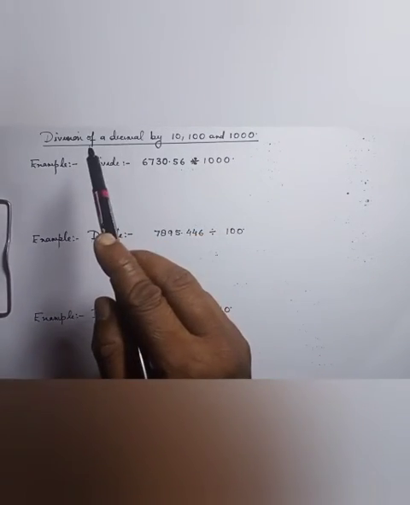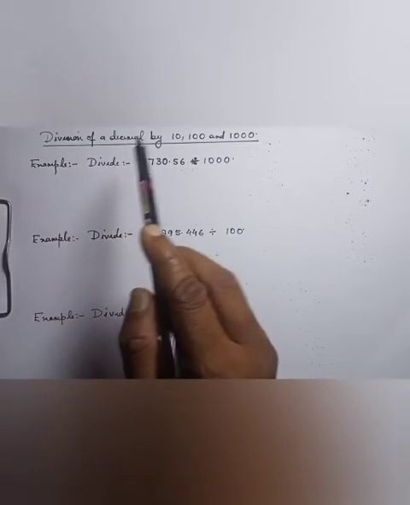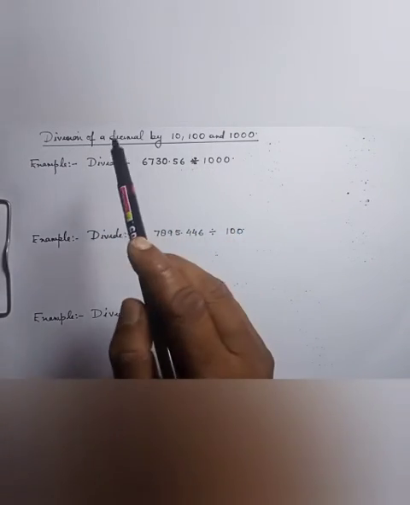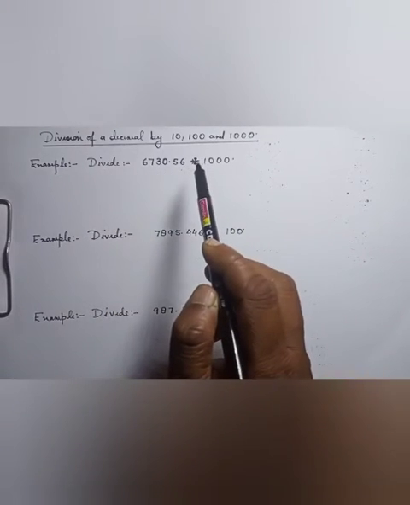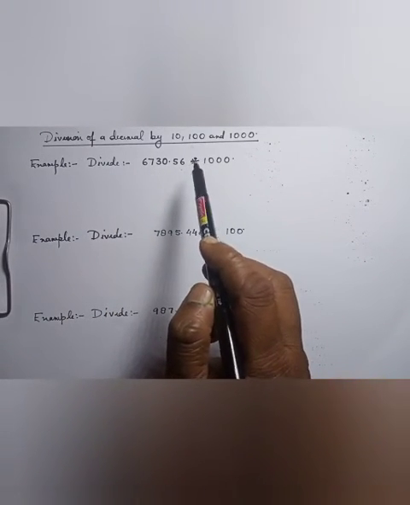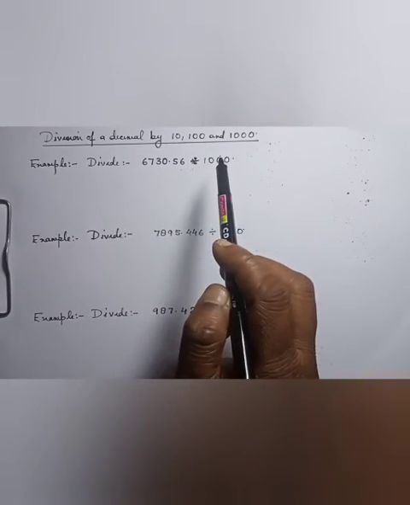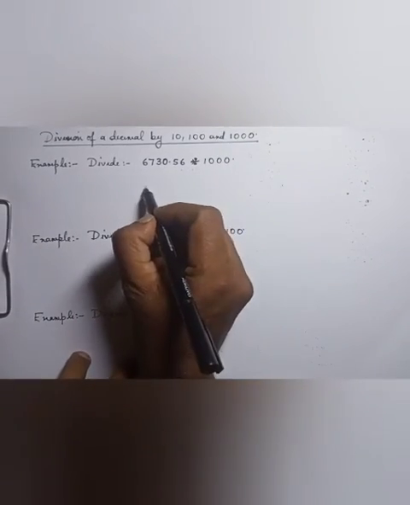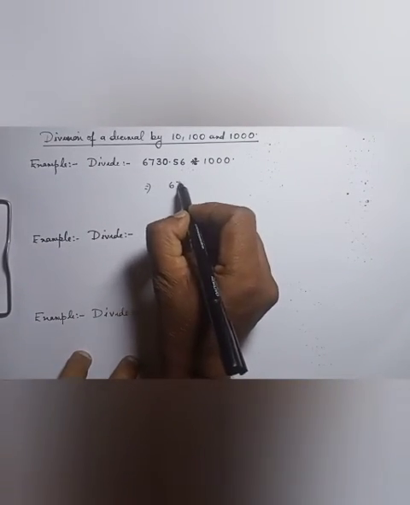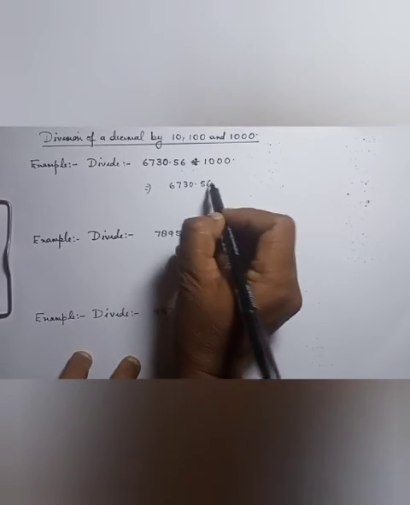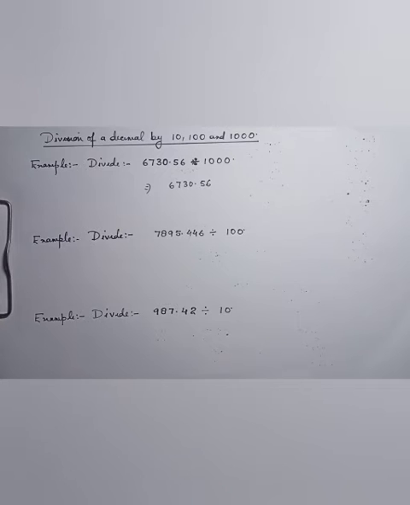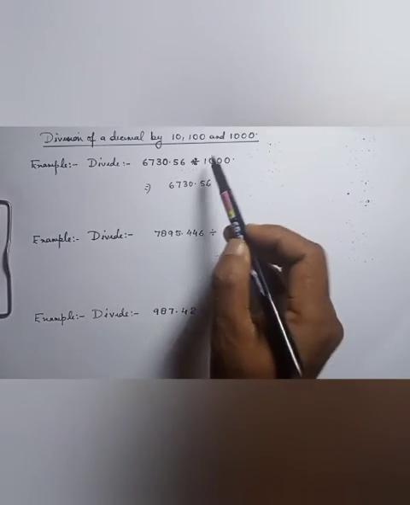I have explained how to multiply a decimal number by a power of 10, and over here I will tell you a trick to divide a decimal number by a power of 10. So over here you are going to write the number 6730.56 as it is, and you are going to count the number of zeros: 1, 2, 3, 4.